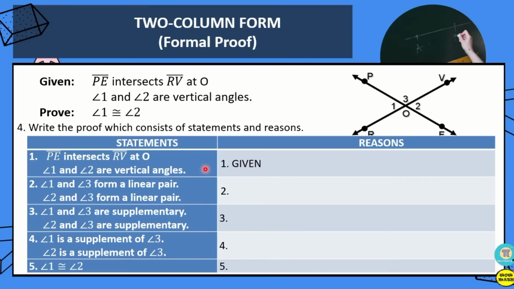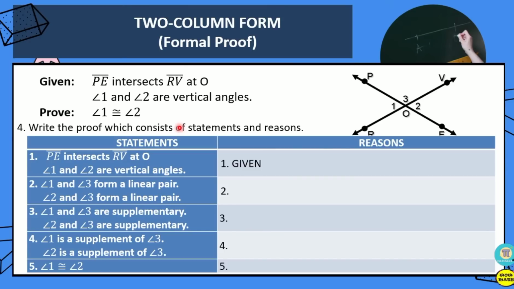Lagi pong ganyan. Kapag nagpo-prove po tayo, dapat step by step po yan. Hindi po pwedeng kung saan mo gustong ilagay si given, doon mo gusto, sa number 3, doon mo siya ilalagay. Hindi po, step by step, okay? Hanggang sa pagdudugtong-dugtungin mo siya, mapoprove mo itong last statement mo, itong conclusion mo.